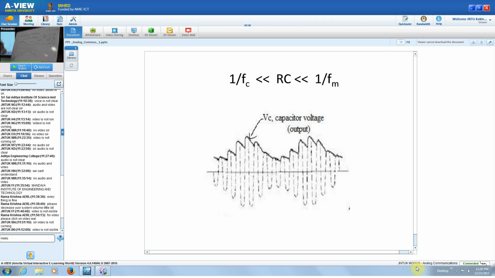So some voltage decay will be there. Then once the input increases and comes here, the capacitor starts charging. And when the input reduces, the capacitor starts discharging. Then again it charges, discharges, and so on.